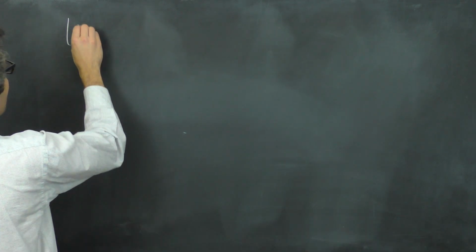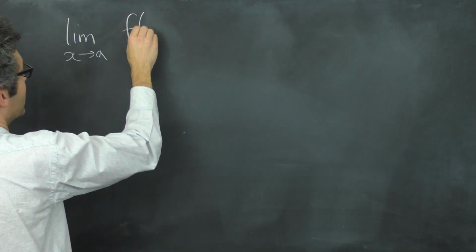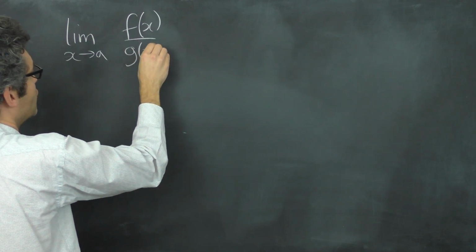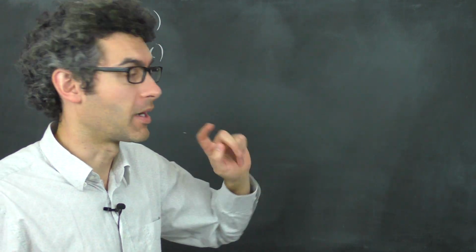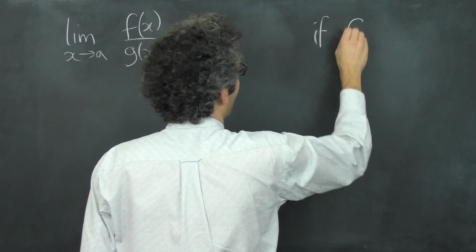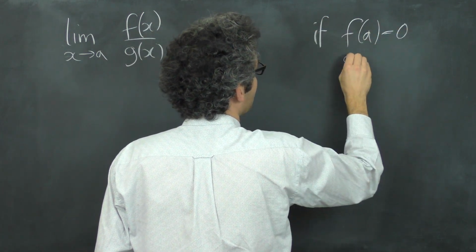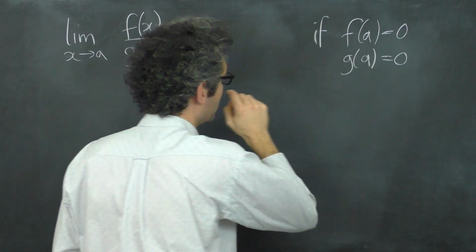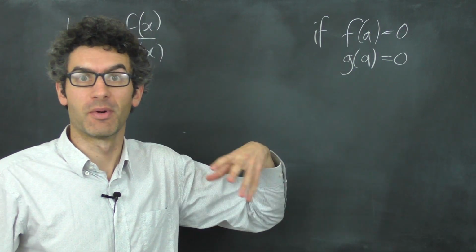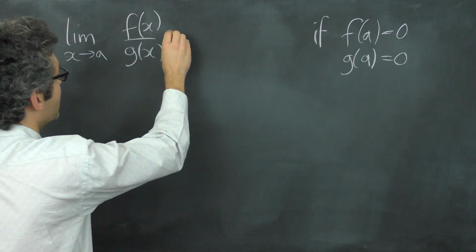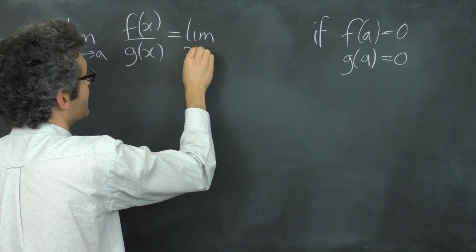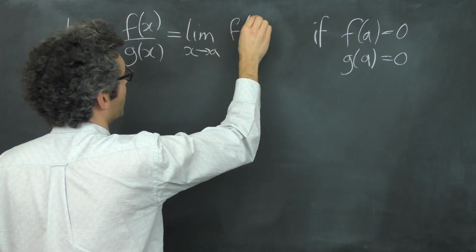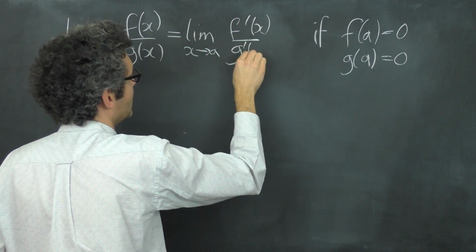Okay, we now know about L'Hopital's rule and how it's used to calculate limits. Let me just remind you, if you have the limit as x tends to a of f of x divided by g of x, so one function divided by another, where f of a and g of a are both 0, so in other words, you can't just calculate this value by putting in x equals a, then L'Hopital's rule says that's the same as the limit as x tends to a of f dash of x over g dash of x.